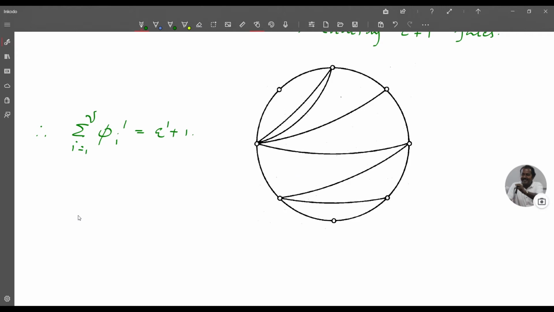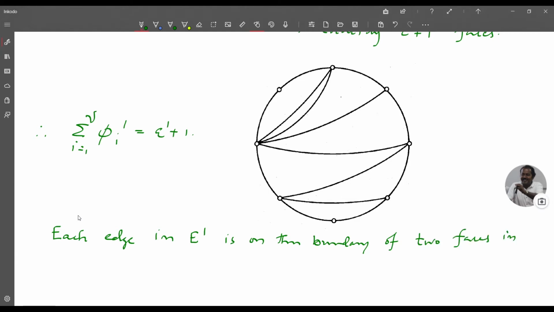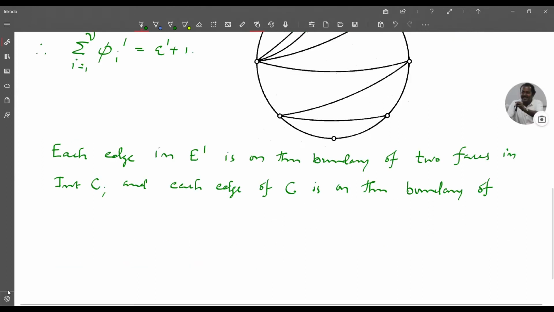Also you can observe that each edge of C is on the boundary of exactly one face in the interior of C. This is an edge of the cycle C, and it is on the boundary of exactly one face.